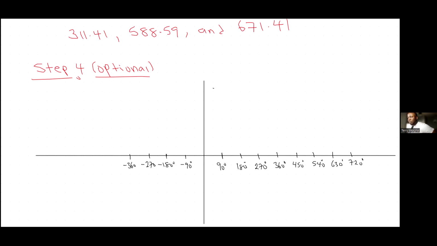Then you're going to have minus 450. We're going to have minus 540. We're going to have minus 630, okay? And you have minus 720. So all these are in degrees, okay?